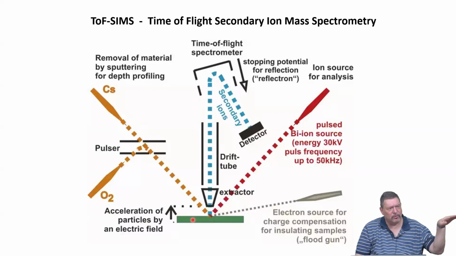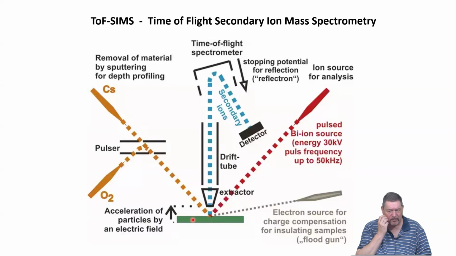One is just to create the crater depth, and then this bismuth ion source is used as the analysis beam to sputter off the materials which just enter the extractor and go through the mass spectrometer, which is a time of flight mass spectrometer.